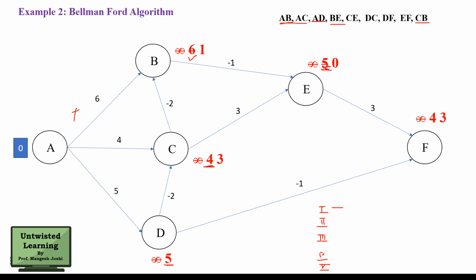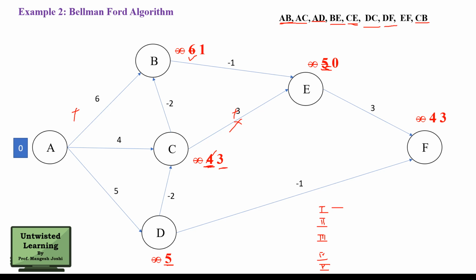Then CE, 4 plus 3 is 7, which is greater than 5, so do not consider. Then DC, 5 minus 2 is 3, which is less than 4, hence cancel this, the new value is 3.